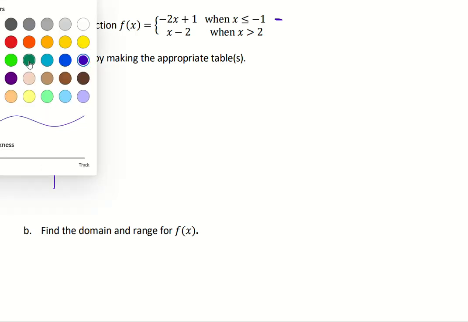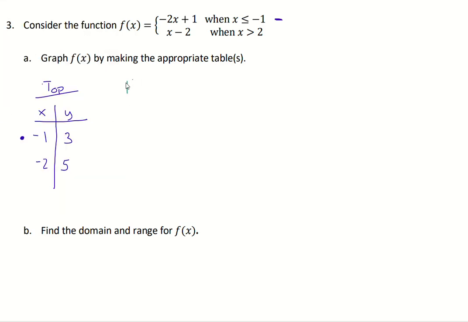Awesome. So let's switch gears here. For the bottom table, and we'll use green for this one, I need 2 values because I can tell it's a nice linear function again. Give me a value of x, Mark, that we might use on that bottom table. 3 would work. If I plug in a 3, 3 minus 2 is 1.